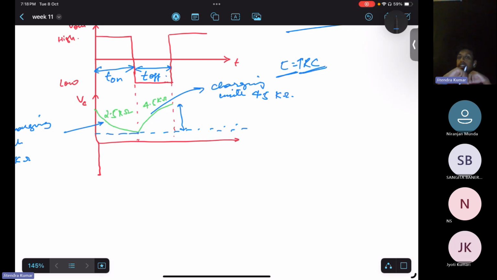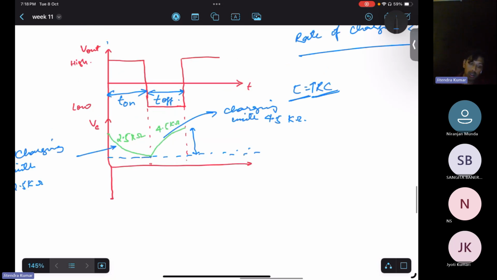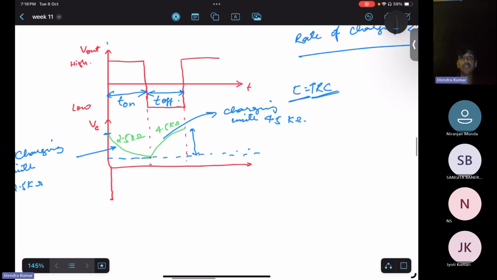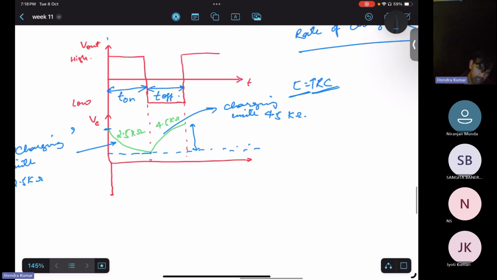I am indicating it in that fashion because we had two conditions. When output is high, VC is higher than 2 by 3 of V supply, and it is discharging. So the peak value of VC will be 2 by 3 of V supply. Then only it will discharge.